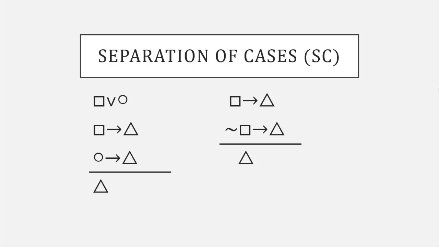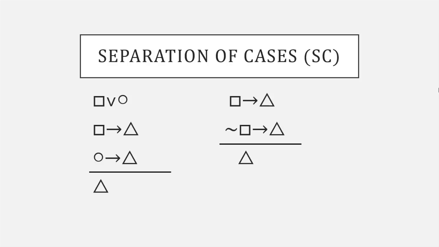The first line, square or circle is true. That first line says one of those things or both of them have to be true. And if you know that one or both of them have to be true, because you've given it as a premise, and you know that if one of them leads to triangle and the other one leads to triangle, then you know triangle. That should be reasonably intuitive.